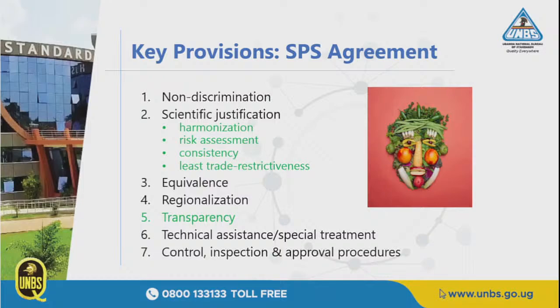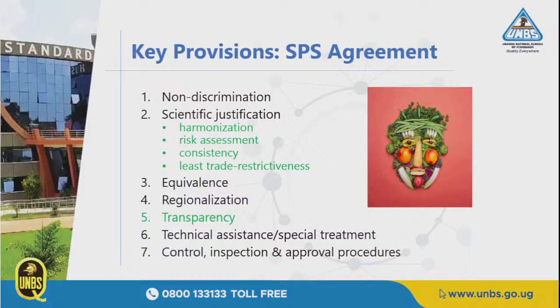Regionalization: if we have maybe a pest that is only affecting a certain part of Uganda, then if we are trading in products with another country, they should not stop us from exporting products coming from the part of Uganda that is not infested by that pest.